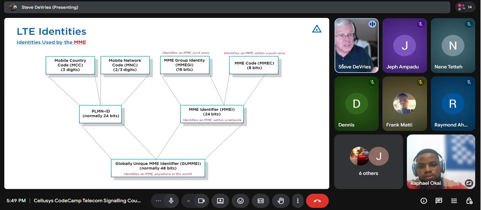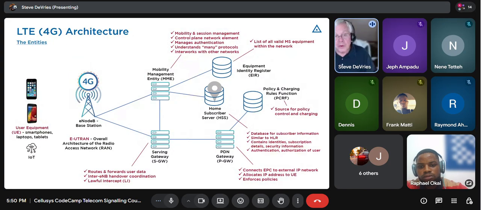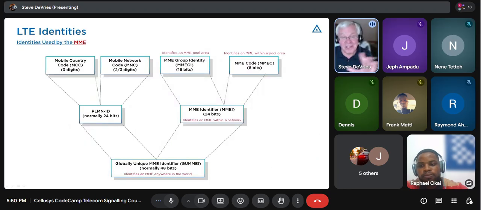I don't want to talk about these. These are just the new identities. Within the 4G network, you have new identities in the mobility management entity, and you have new identities in the mobile itself. So we're just going to leave these for reference because, again, it gets to be a lot of acronyms. Just understand that LTE has some different identities. Remember we talked identities a couple months ago.